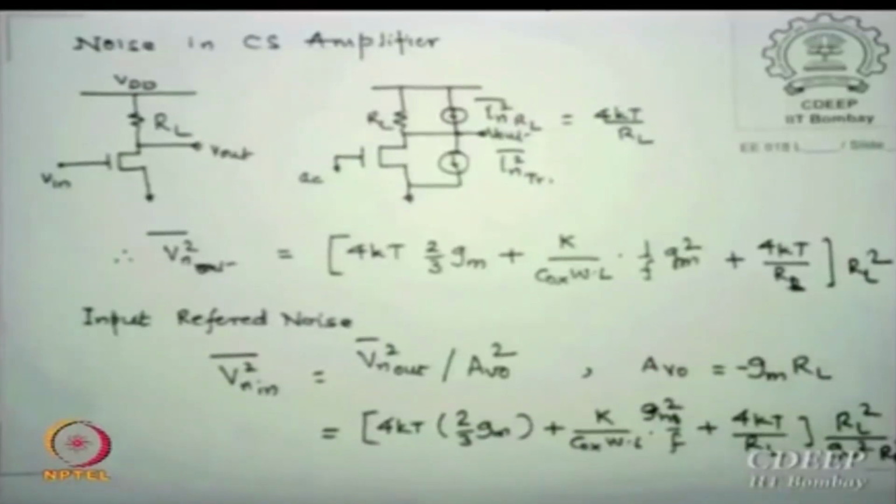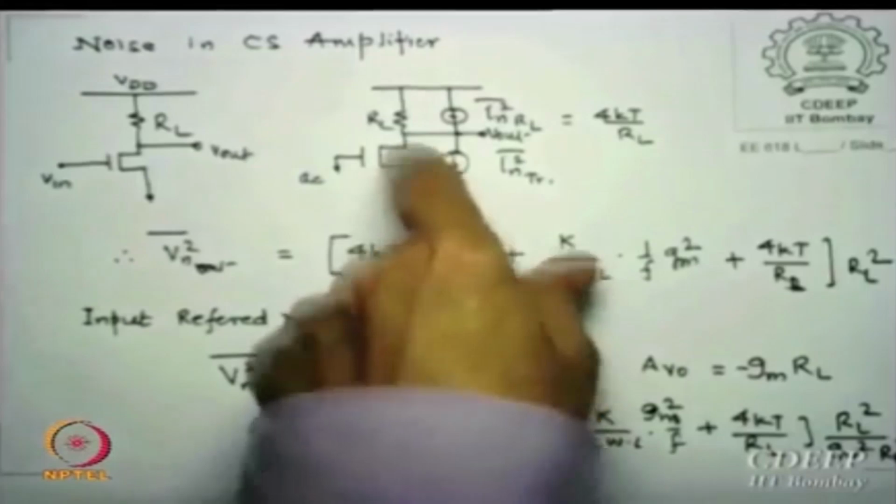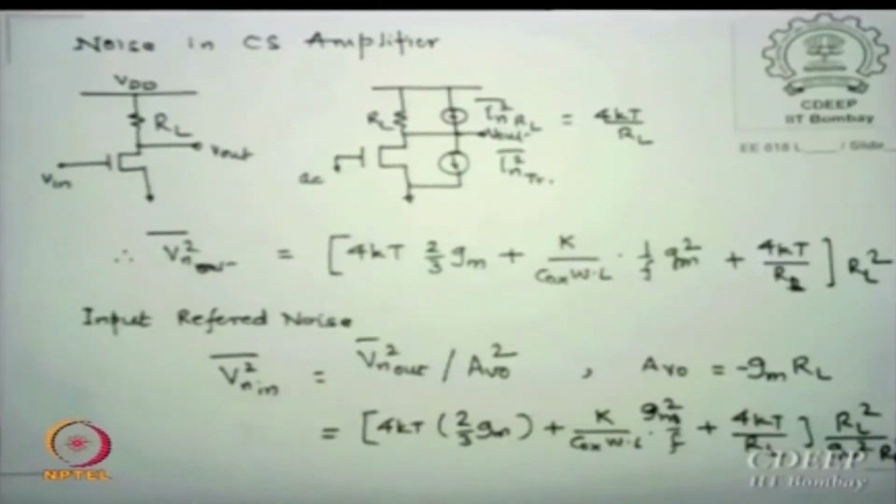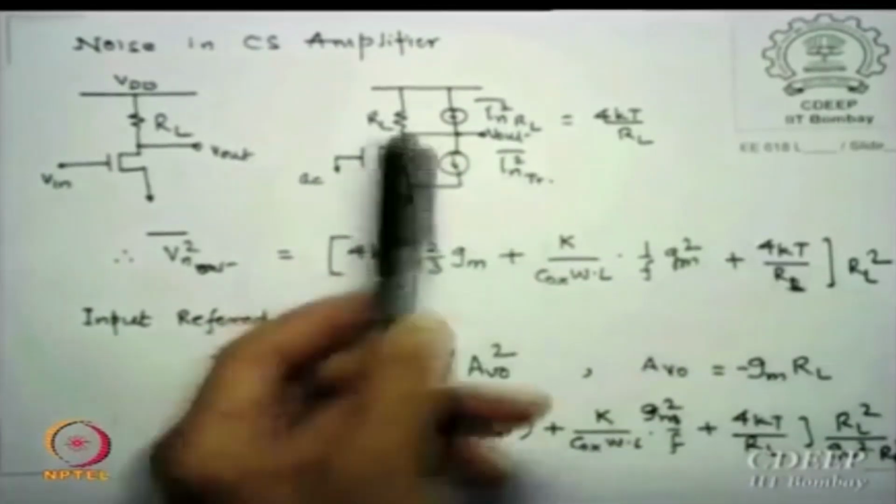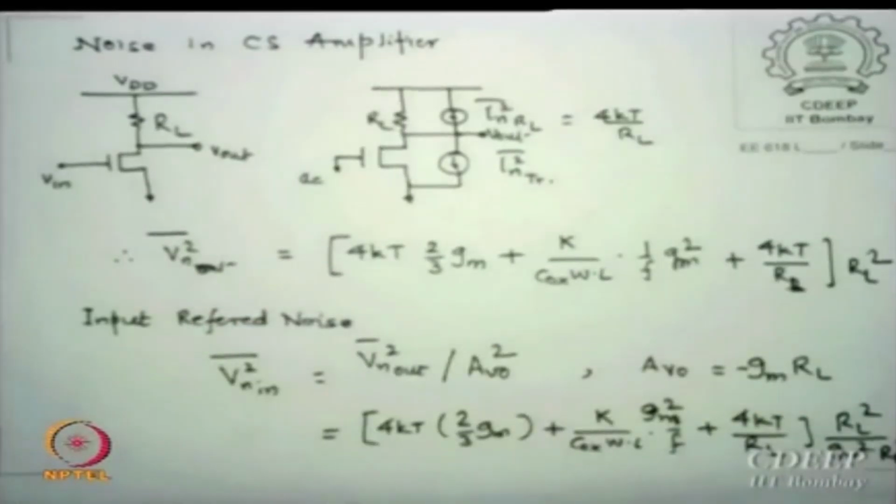Coming back quickly to noise in the amplifier, I'll do a few cases quickly. Let's say I have a resistive RL as the load, with biasing otherwise done. Then there will be two thermal noise sources, across the two components.